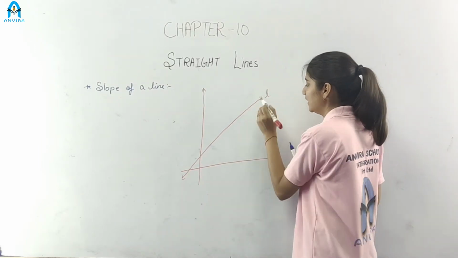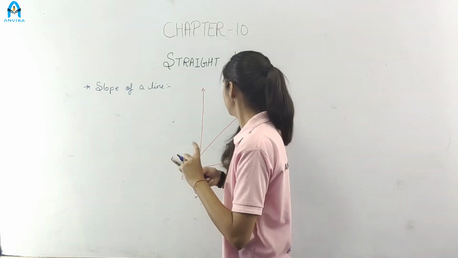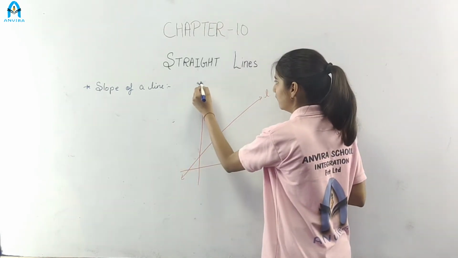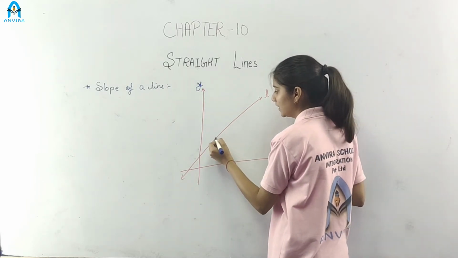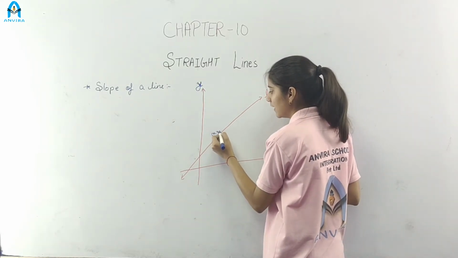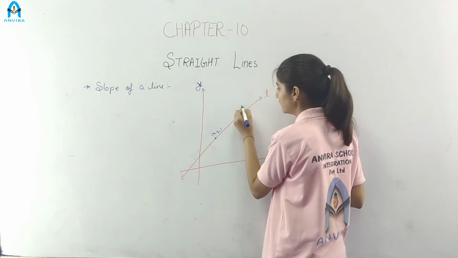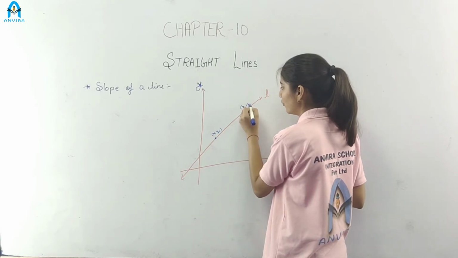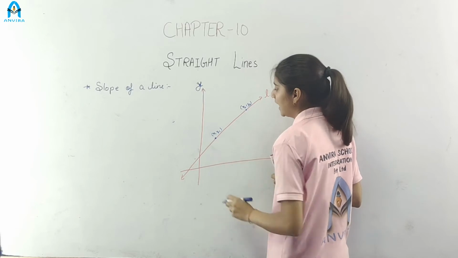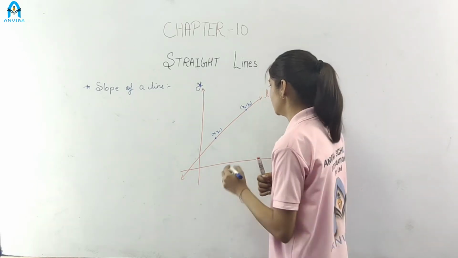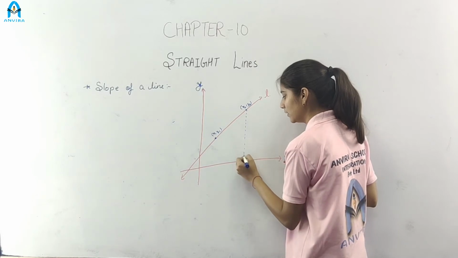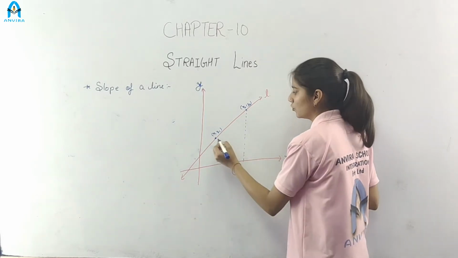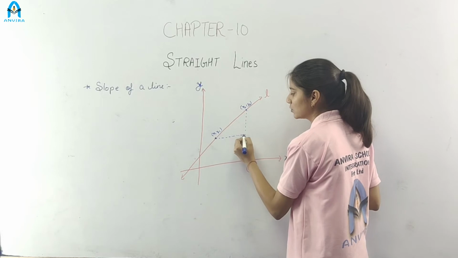So here again we have a line L, our y-axis, x-axis, and we have the coordinates (x1, y1), (x2, y2). And I have to find the slope of this line when theta is not given. So how can I find the slope?